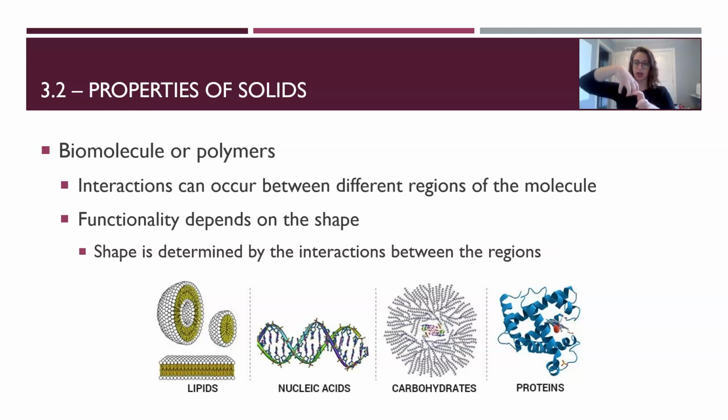And so things can fold in on each other because they have intermolecular attractions between different regions of the molecule. How that shape is formed determines the functionality. So we talk about this a lot with proteins. And so the structure of proteins depends a lot on those interactions between the different regions. And then how they bend, the new shape that they form determines how they're actually going to function.